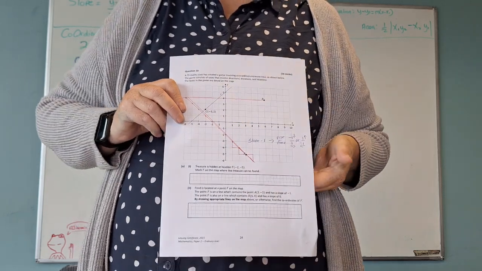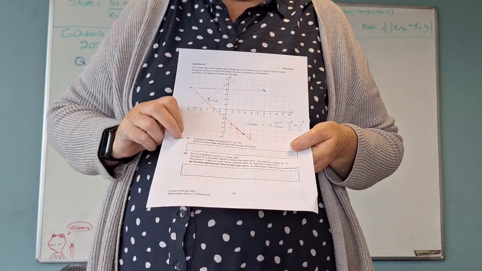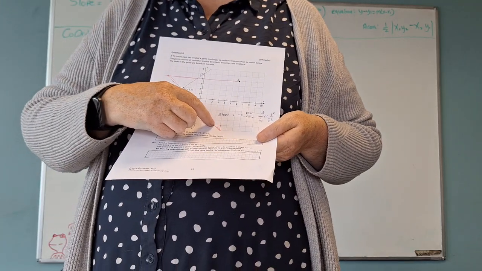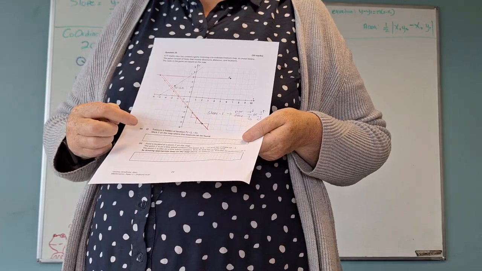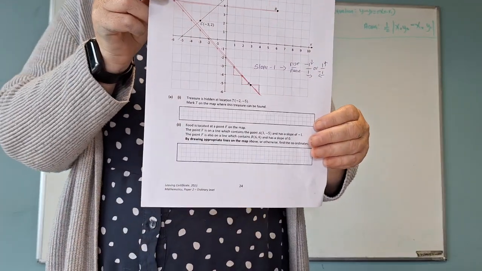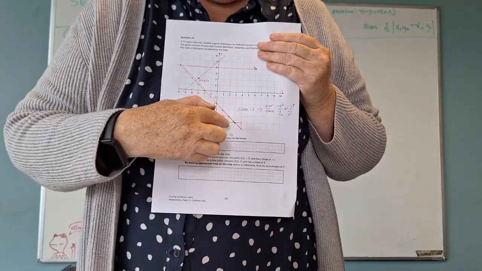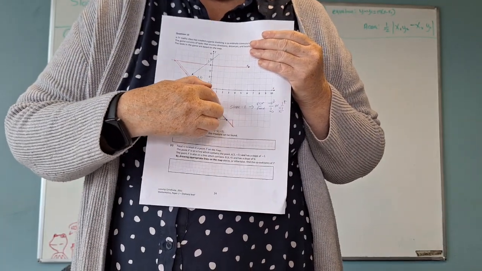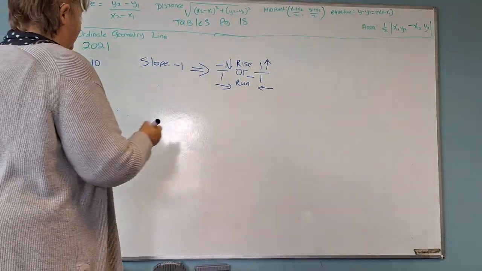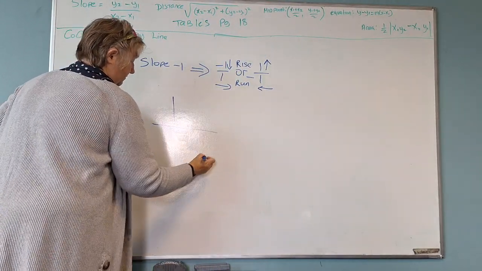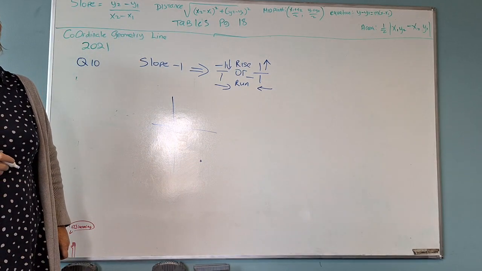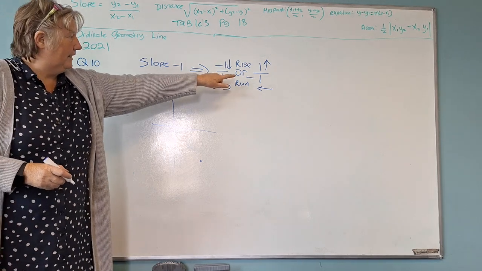Then the next thing you do is go to A, which is on the map here, and you draw your slope. How you do that is you go over and down, over and up, back and up. So forward and down, forward and up. So if this is your point, and the slope is minus 1, then both of these work.